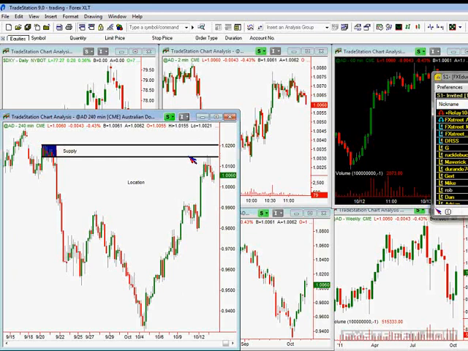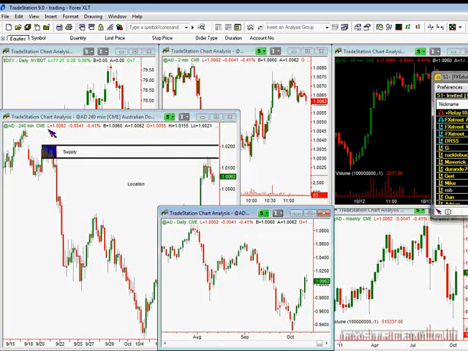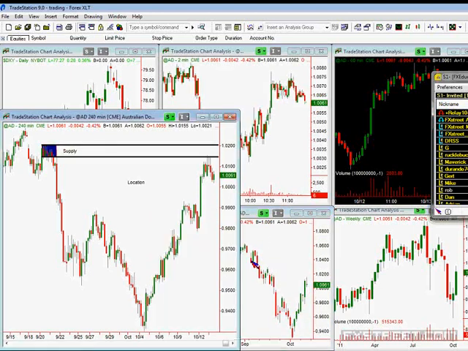Okay, so a time frame this big, we're going to focus on location. So obviously in the bigger picture, larger time frame, we're way up near supply. This is a 240-minute chart. Okay, and on the daily chart down here, we've rallied quite a ways, and we're right into this big supply area here.